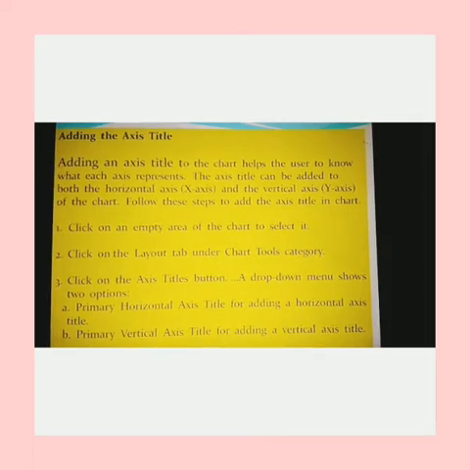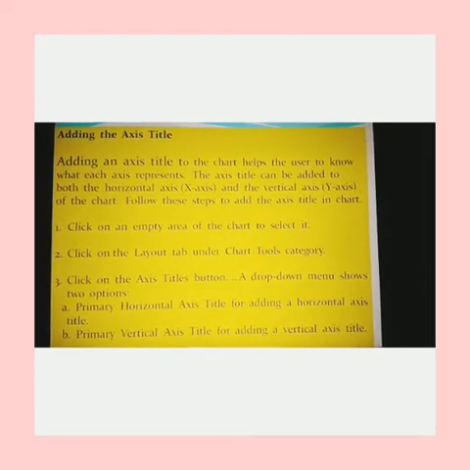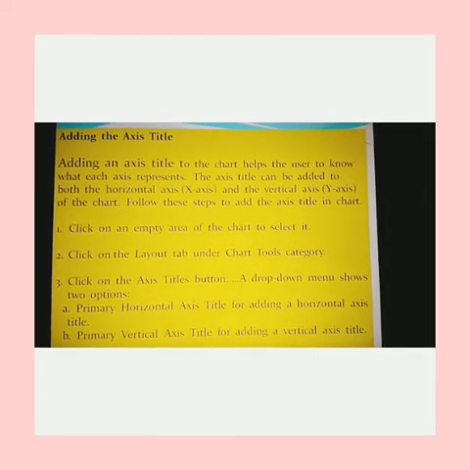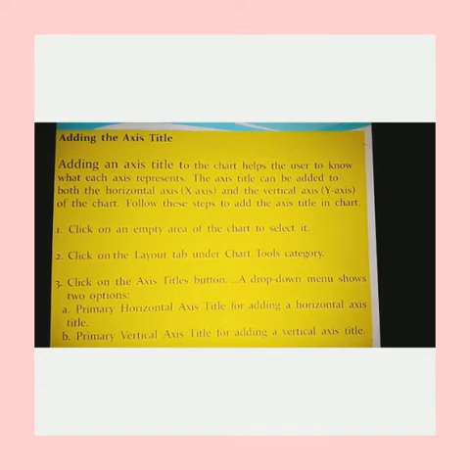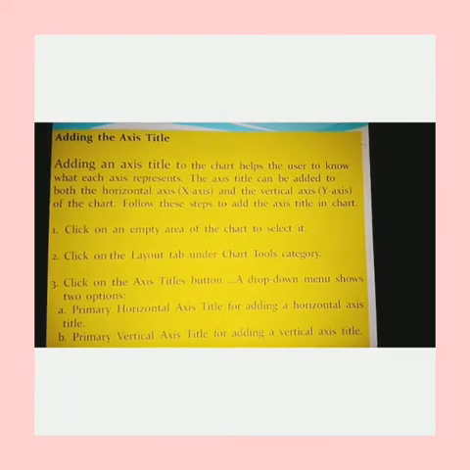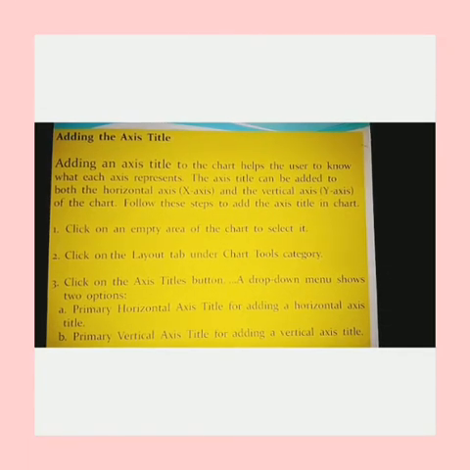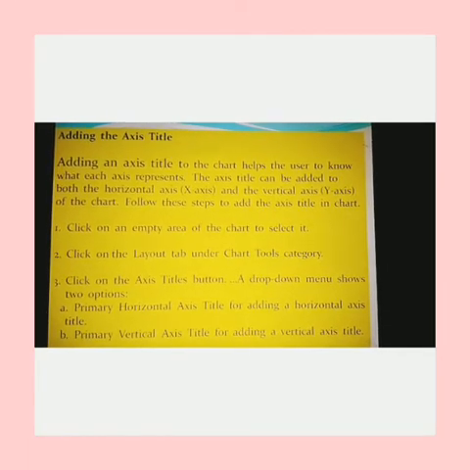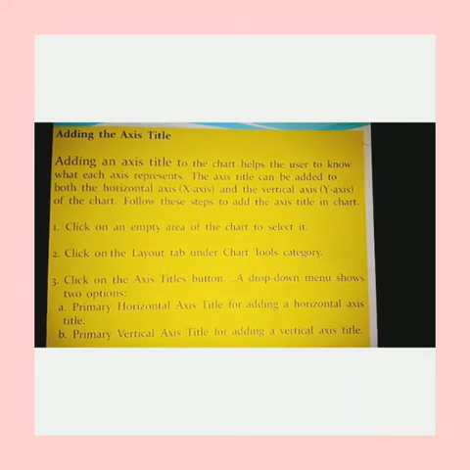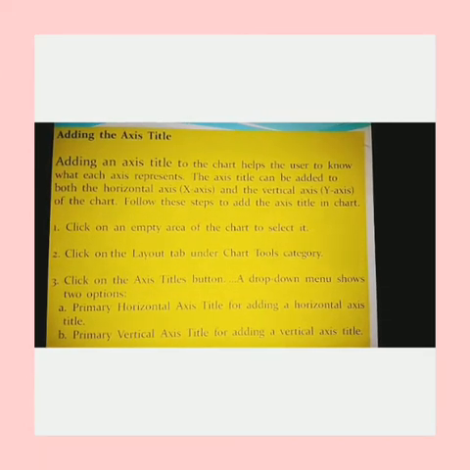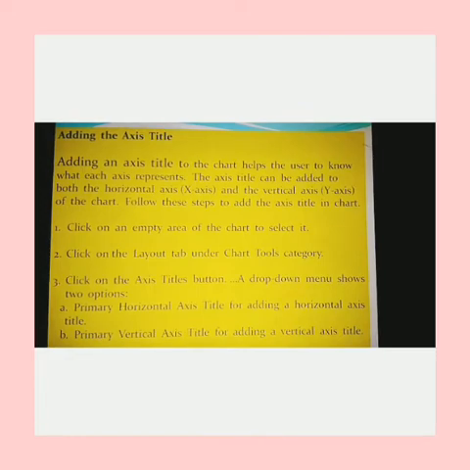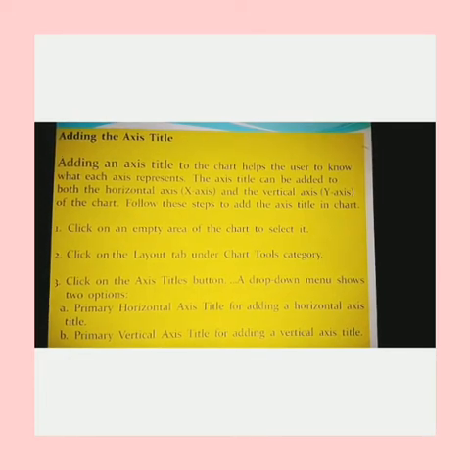Step number one is to click on an empty area of the chart to select it. You know very well what the empty area means, a blank area. Then next, click on the Layout tab under the Chart Tools category. Then click on the Axis Title button. A drop-down menu shows two options. Which options, students?